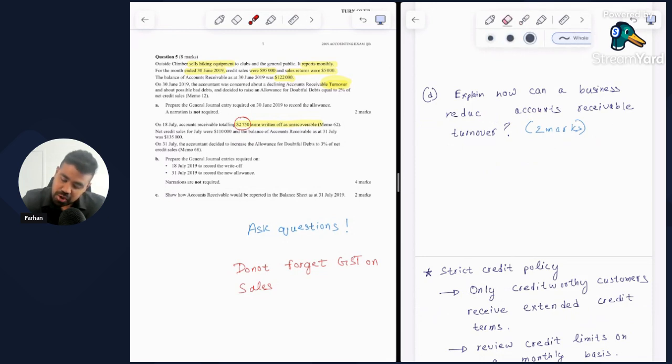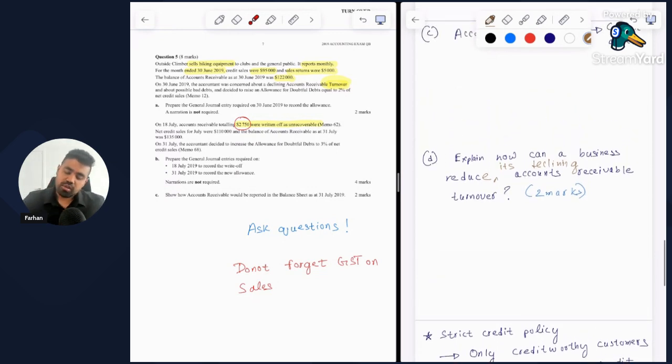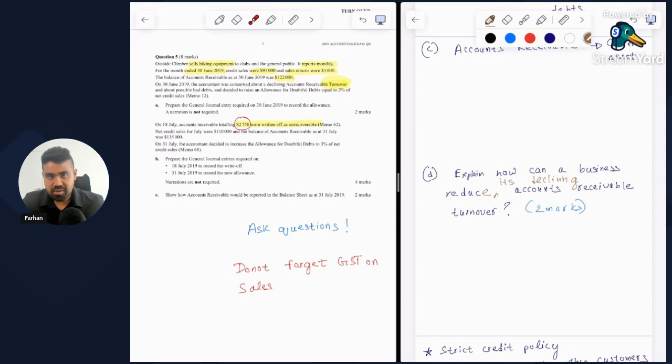The question should be: explain how a business can reduce its declining accounts receivable turnover, which is the case that we are working with at the moment. Let's just assume this is a 2-mark question. So what I need you to do now is take 10 seconds, pause the video, and come up with ways on how you can score 2 out of 2.